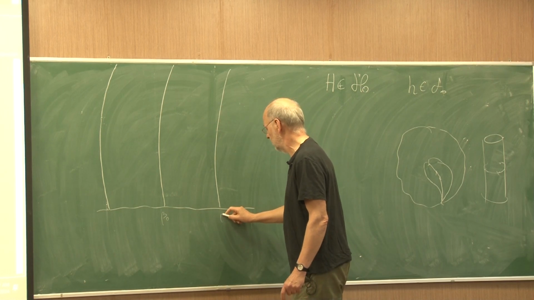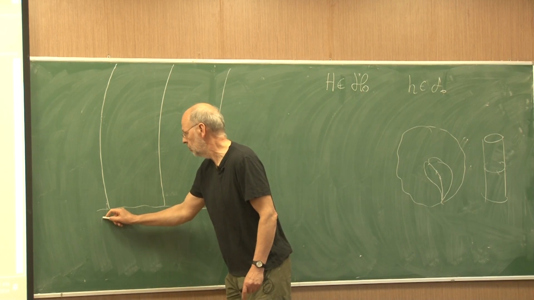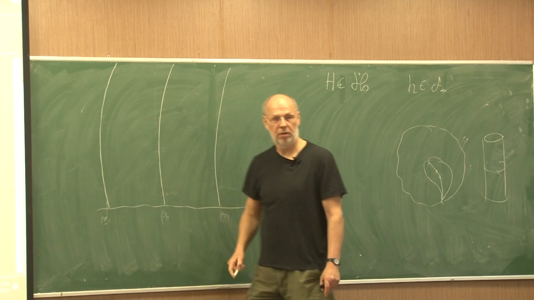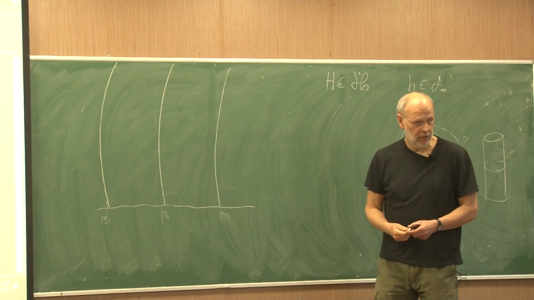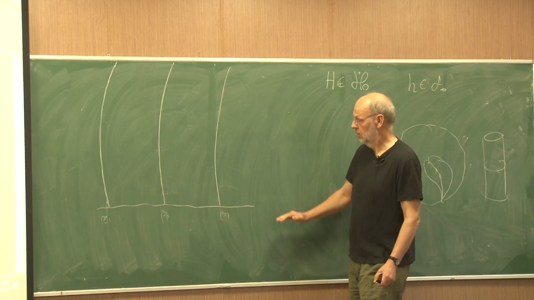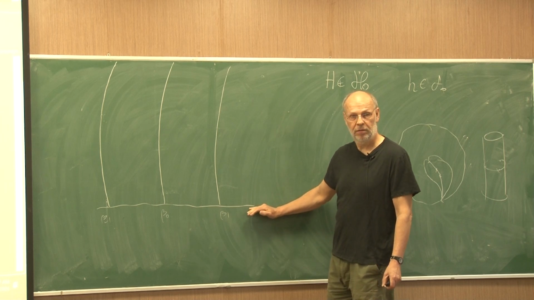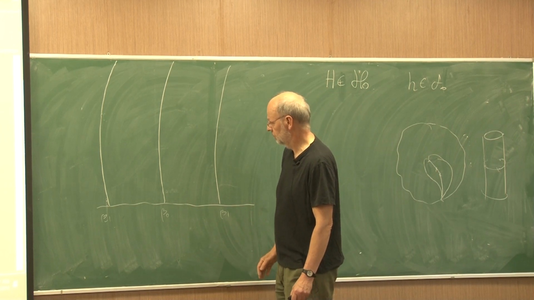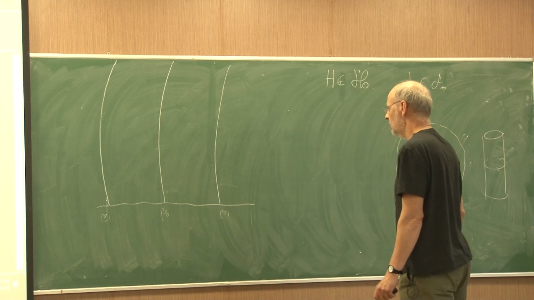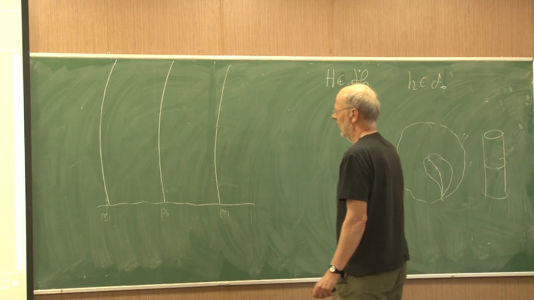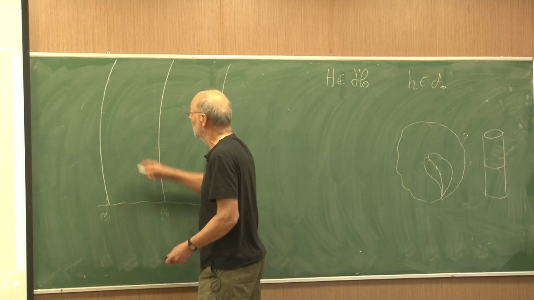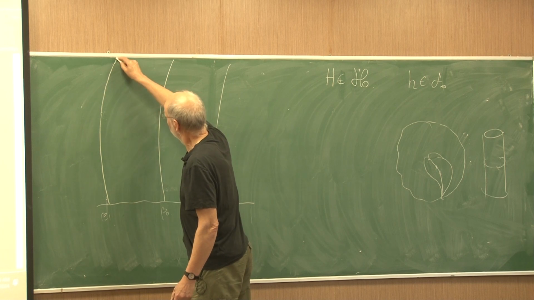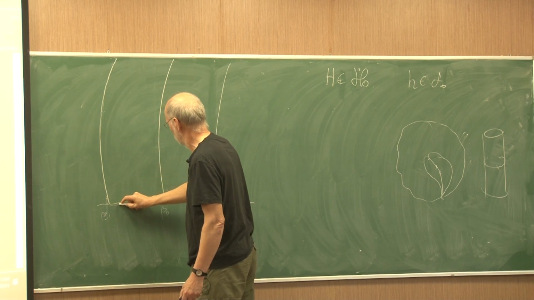We could call this one beta 1, and here beta minus 1. And let's look at the pre-image of the lower half plane. Well, actually, maybe you should look at something else. Let's look at the pre-image of the domain going here like that.